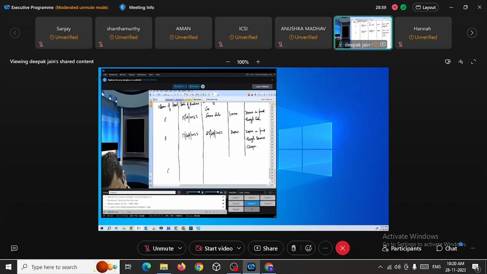Asset G, purchased 17 September 2023, put to use 16 October 2023, asset worth rupees 2 lakh, 50,000 is paid through cross check.